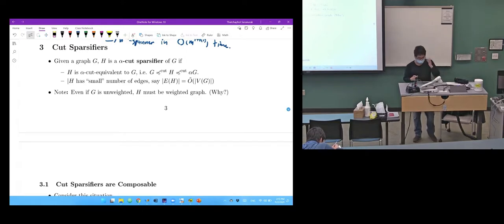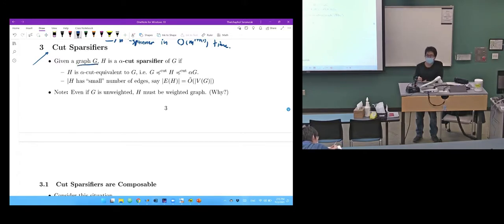So now let's look at another one, cut sparsifier. This is just another notion.